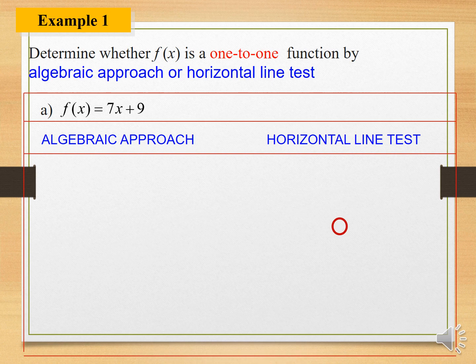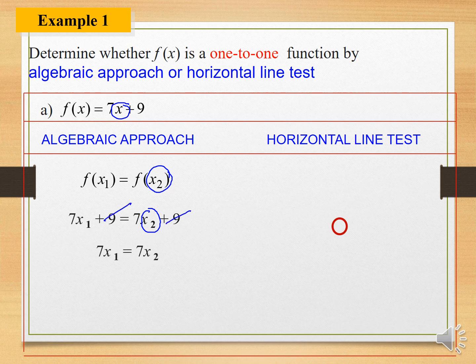By using the algebraic approach, f(x1) equals f(x2). f(x1) means 7x1 plus 9, and f(x2) means 7x2 plus 9.